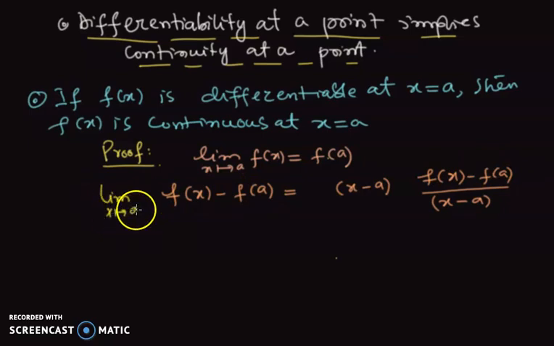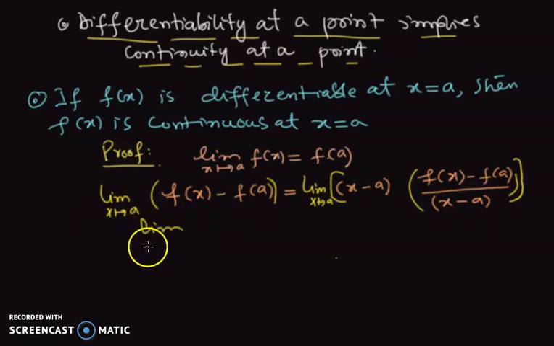Limit x goes to a to this side, also limit x goes to a to this side. Now you can see that I can operate this limit on f of x and this f of a. But this f of a is constant because it's a number, it's a value, and limit will not do anything to something which is constant.